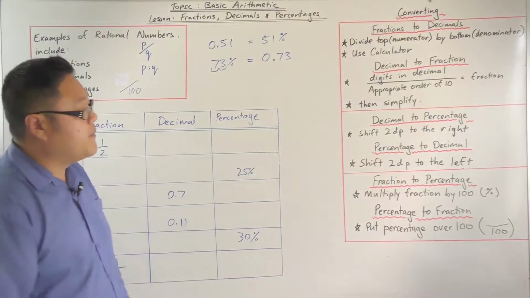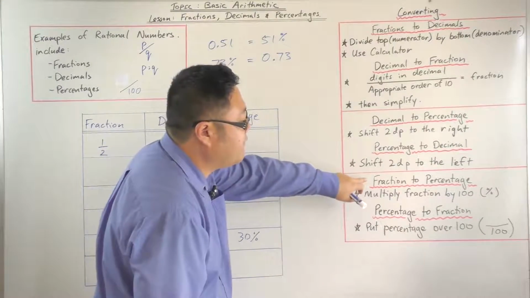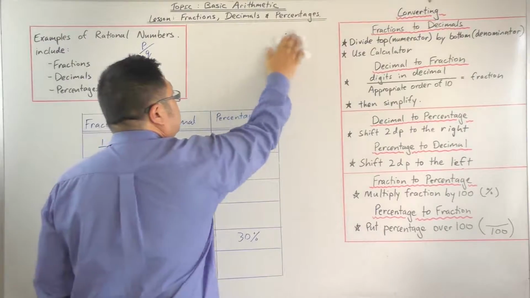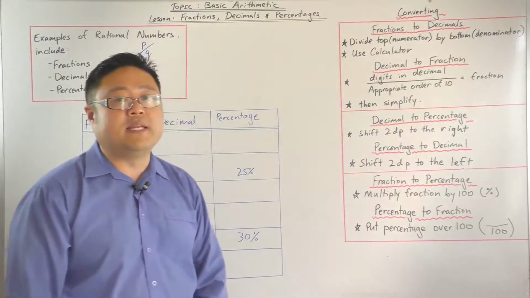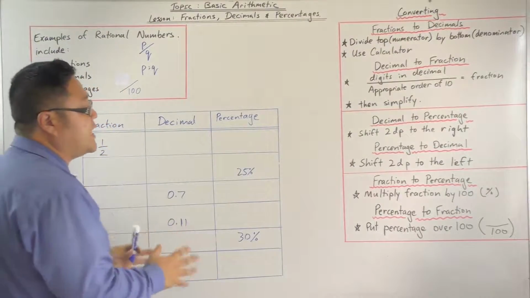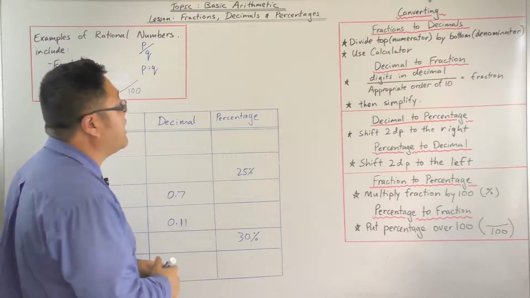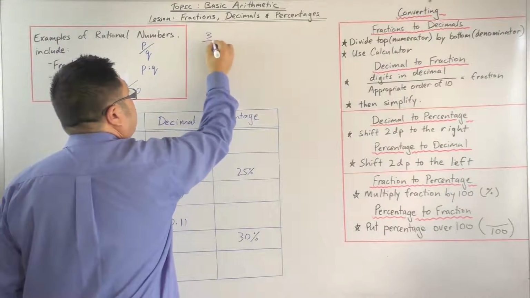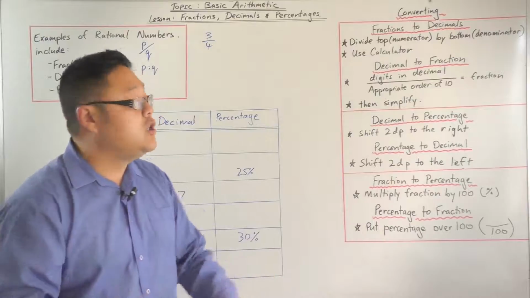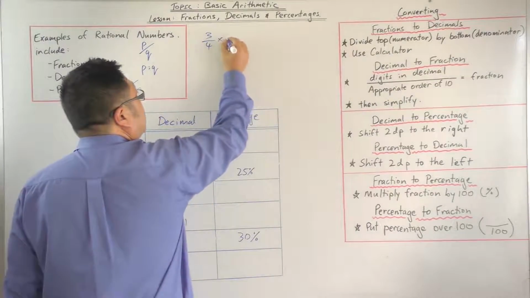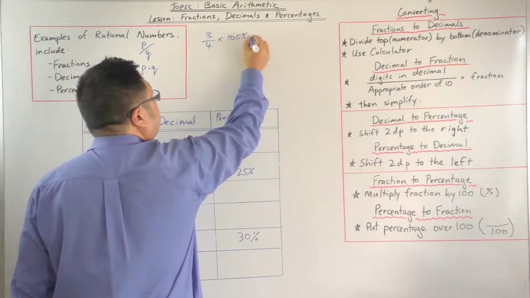And then the last one is how you convert from fractions to percentages and from percentages to fractions. Now, to convert from a fraction to a percentage, you basically just multiply by 100. So let's take, for example, 3/4. Convert that to a percentage, you just multiply by 100%, okay?